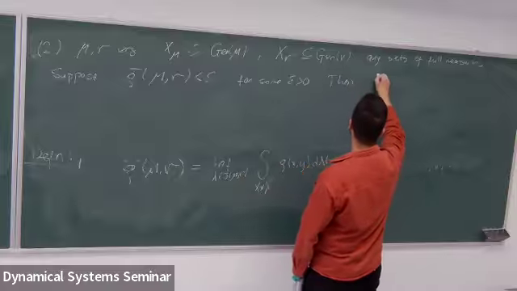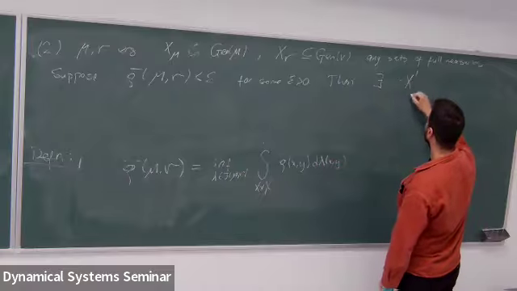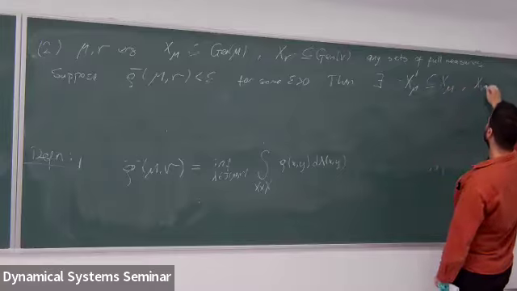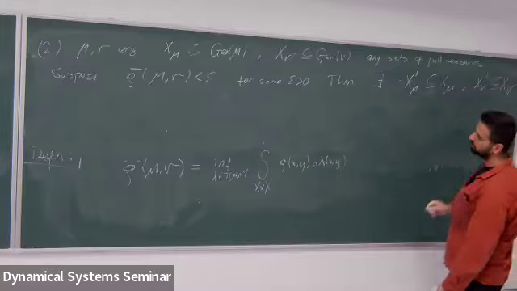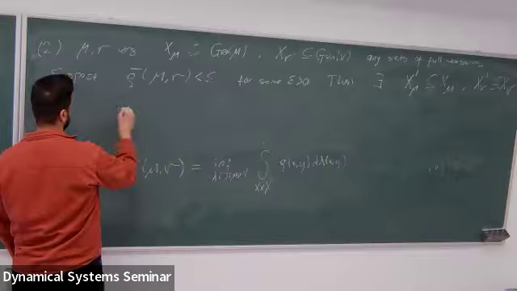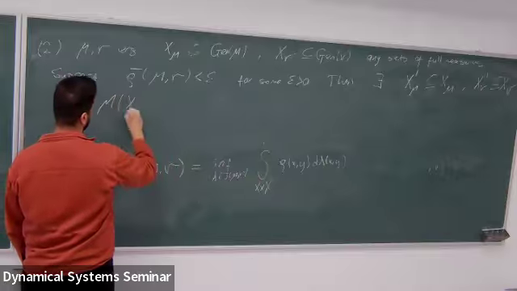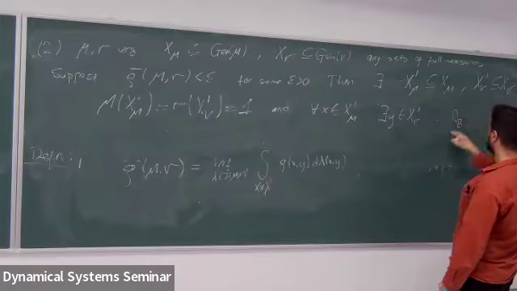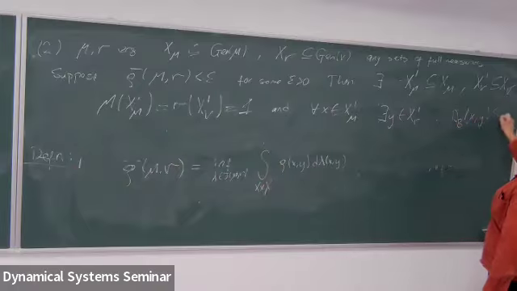Then there exist Borel sets X mu prime, a subset of X mu, and X mu prime, a subset of X mu, such that they have full measure again, and for every x in X mu prime, there exists y in X mu prime such that the dynamical Besicovitch distance between the two points is less than epsilon.